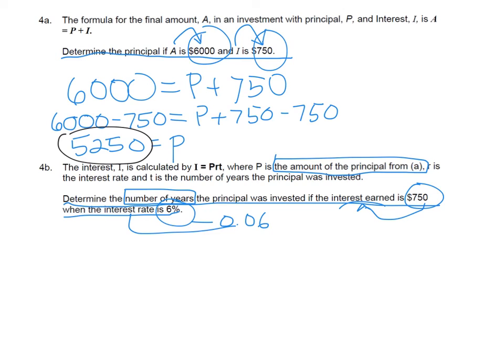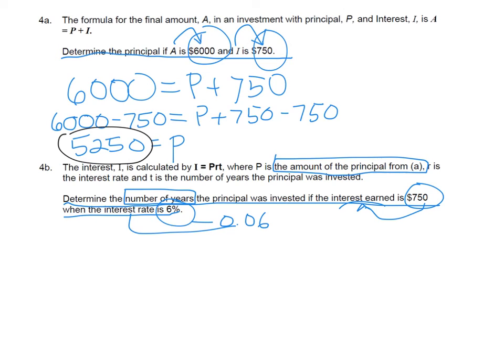So now I need to substitute the numbers that I have, which are 5,250, 750, and 6%, into this equation: I equals PRT, or P times R times T. So I'm going to do that now.